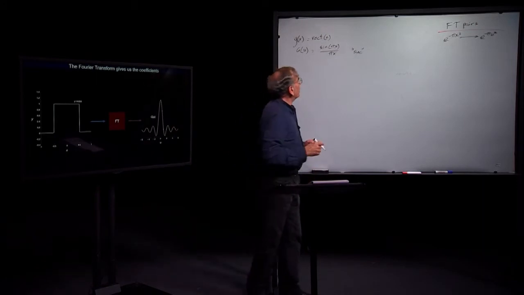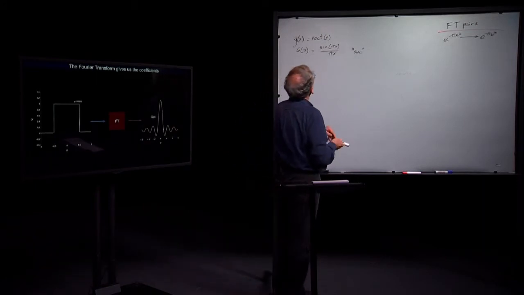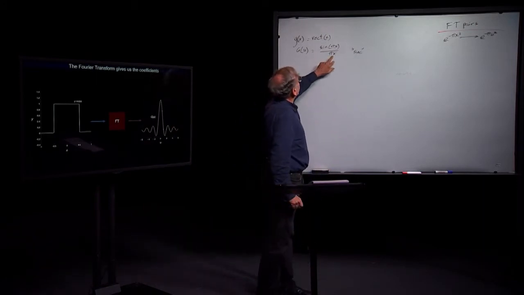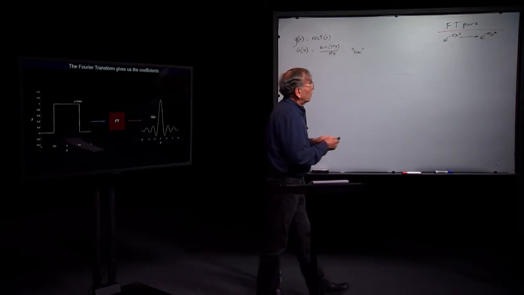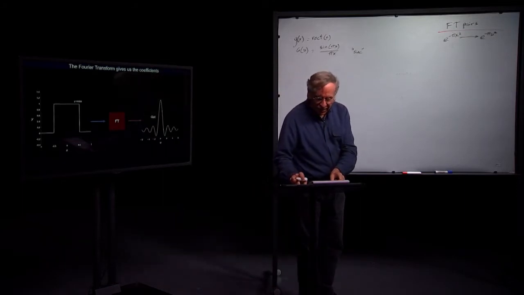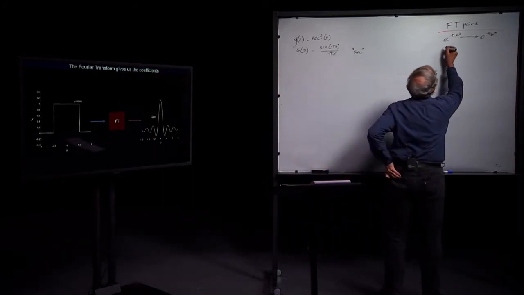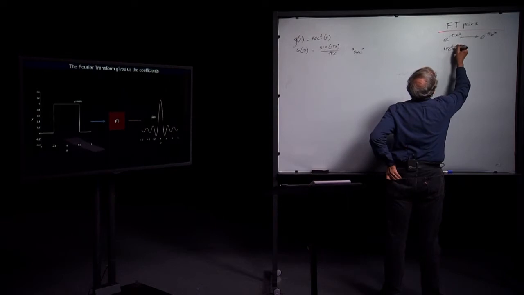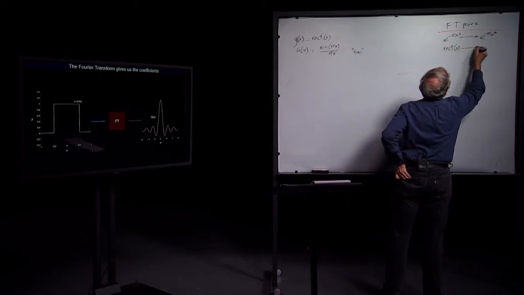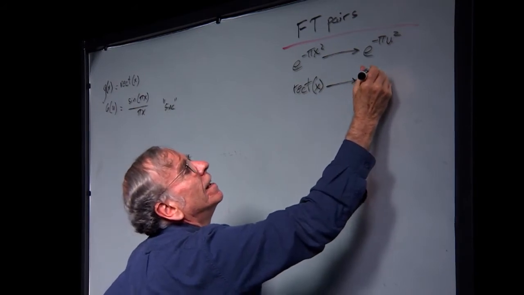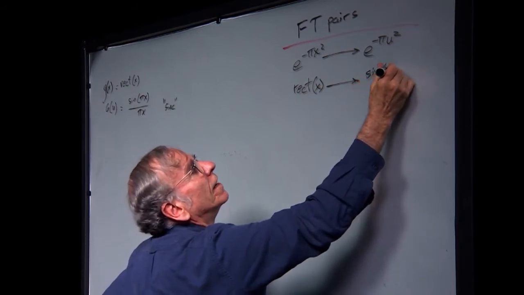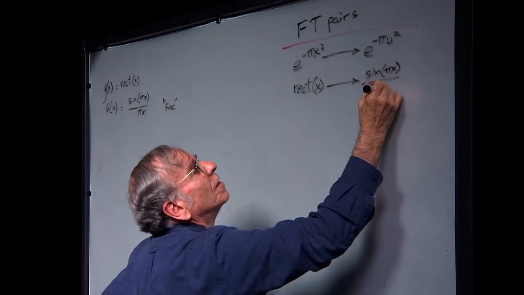And it oscillates for a long time because you can see that as x becomes large, this shrinks only as 1 over x. So that's our second Fourier transform pair. Here I'll just say that the rect function transforms to the sinc function. I'll write it out, which is sine of pi x divided by pi x.